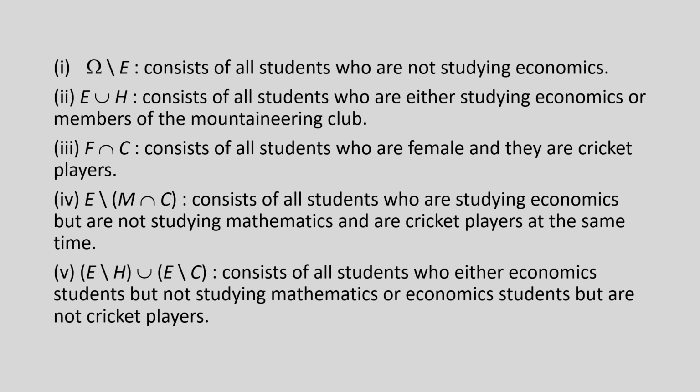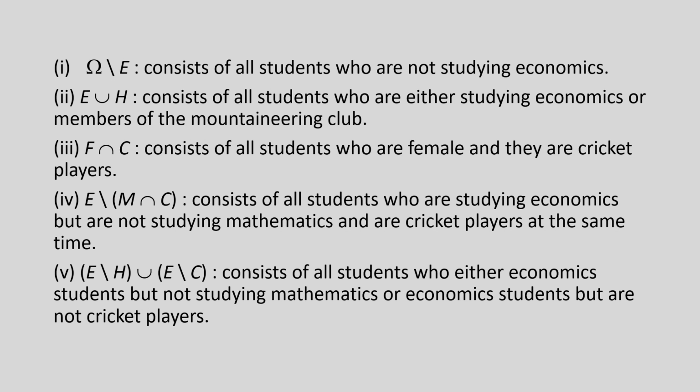Gamma minus E. Gamma is the set of all students, E is the students who have economics as a subject. So, therefore, gamma minus E is the set of students who have not economics as a subject. So, it consists of all students who are not studying economics. Second, E union H. H, remember, students who are members of the mountaineering club. And so, E union H consists of all students who are either studying economics or members of the mountaineering club, because this is union.